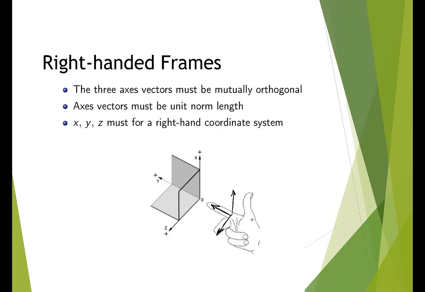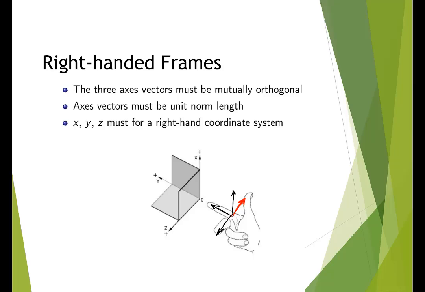Because we want all of us to write equations in one specific frame. If I use this frame and someone else uses a frame that's not a right-hand frame, and its third axis is like this, our equations won't be the same. It won't make any sense.